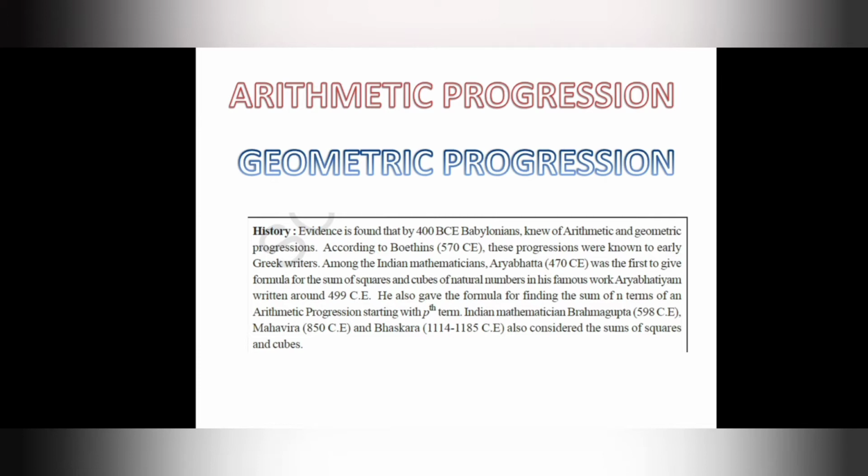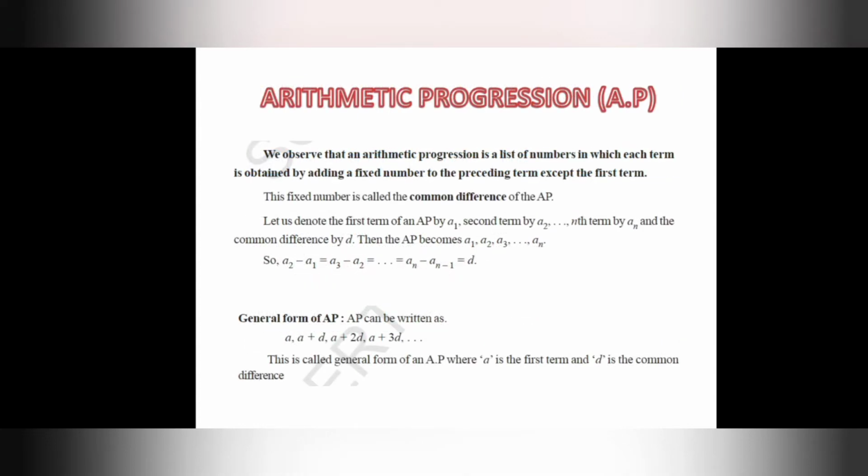On the screen you can see the evidence found: by 400 BCE Babylonians knew of arithmetic and geometric progressions, and among Indian mathematicians, Aryabhatta was the first to give formulas for the sum of squares and cubes of natural numbers in his famous work Aryabhattiyam, written around 499 CE. He also gave the formula for finding the sum of n terms.